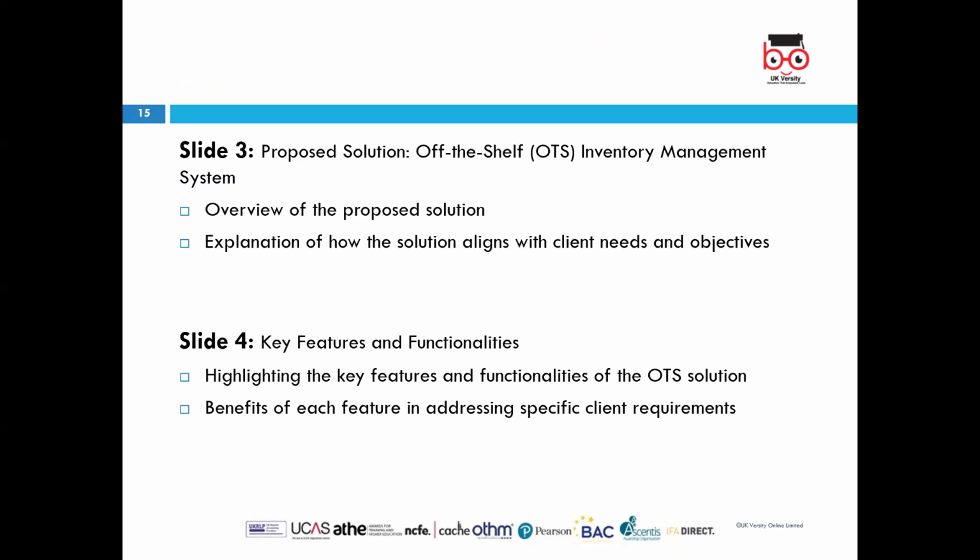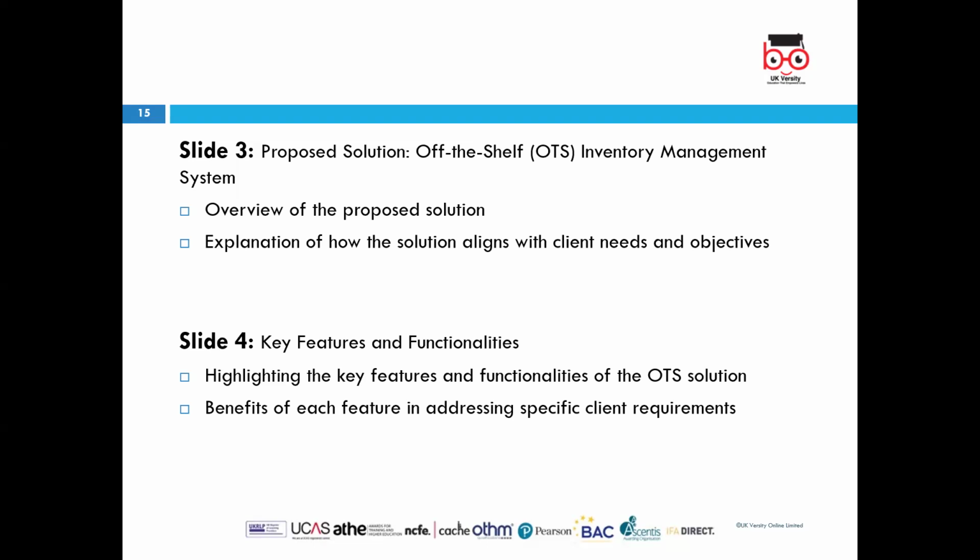On our third slide, we can propose our solution, which we've decided to go with the off-the-shelf inventory management system. We can give an overview of this proposed solution, explaining how it is going to align with our client needs and objectives.